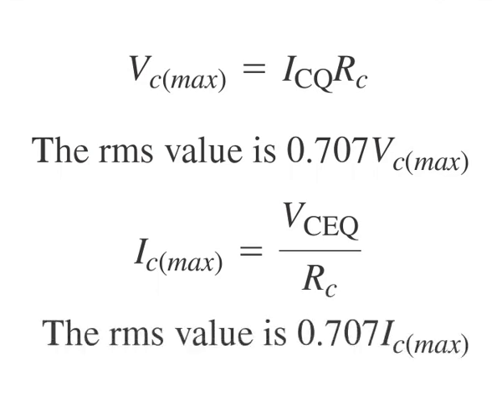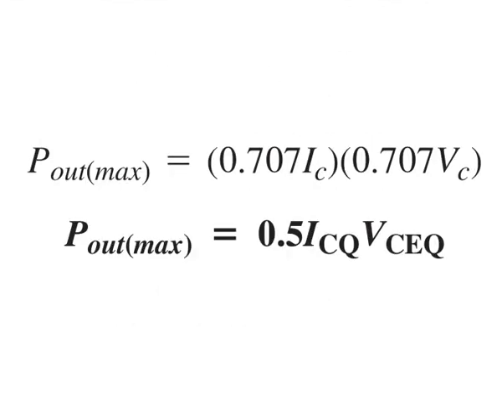The RMS value is 0.707 IC maximum. To find the maximum signal power output, use the RMS values of maximum current and voltage. The maximum power out from a class A amplifier is Pout maximum is equal to 0.707 Vc times 0.707 IC, and Pout maximum comes out to be 0.5 ICQ times VCEQ.